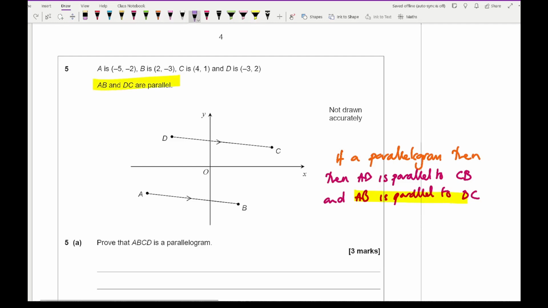So this is fact. So the only thing I've got to prove then is that AD is parallel to CB.